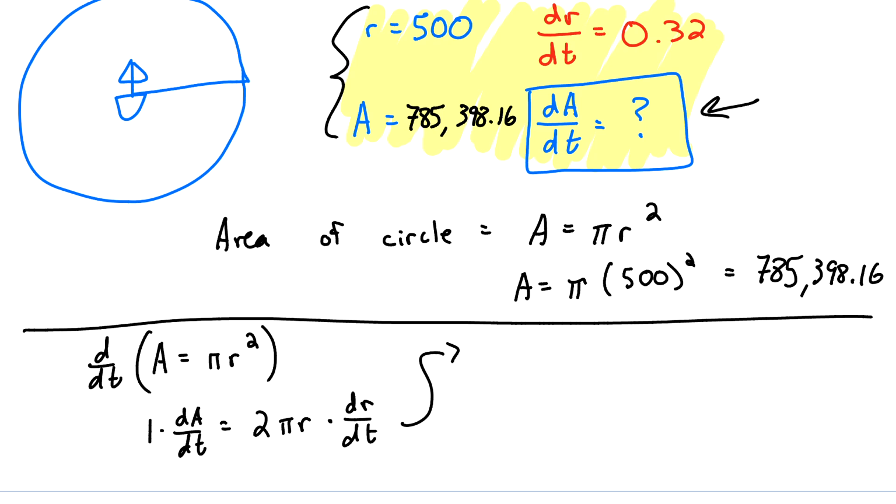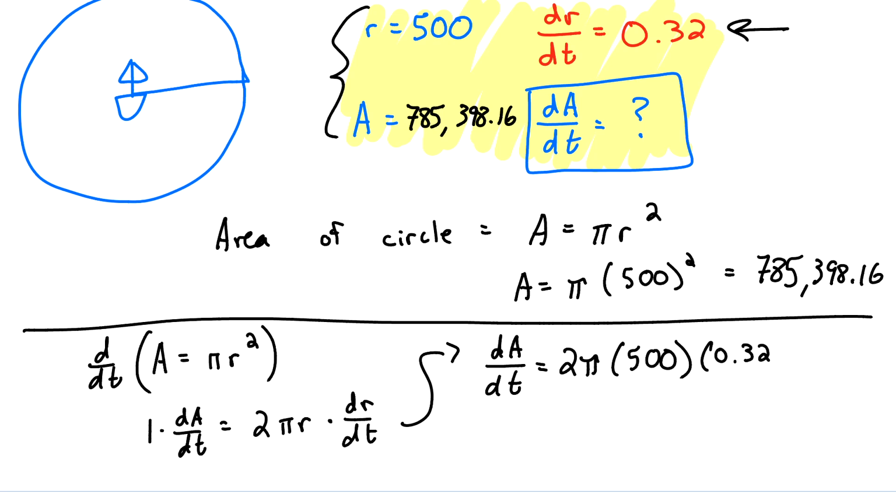And we said that's what we're solving for, so we'll just leave that as dA over dt is equal to 2 times pi. Remember, pi is a constant. R in this case is 500, so we'll plug in 500, times dr over dt. We were told that was 0.32, so times 0.32.